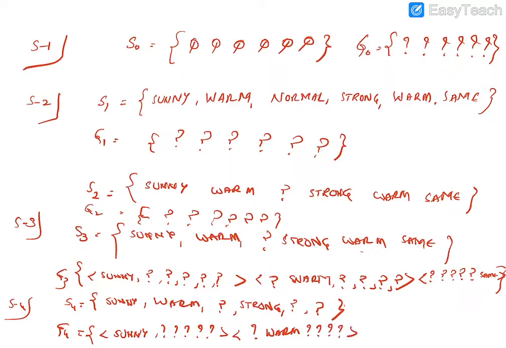But the third one, what is that? The difference is same, but here it is already replaced with general. So this is going to be removed. So this will be the S4 and this will be the G4. So now what can we do? S4 equals sunny, warm, question mark, strong, question mark.